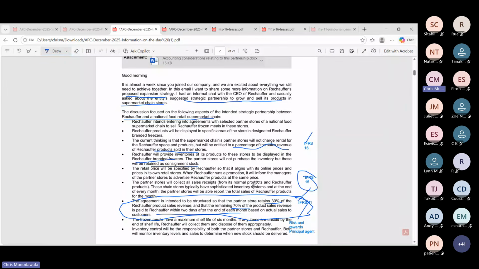But we are told that it takes a percentage of the sales, retaining 30% of Richafa product sales revenue. So here it is saying it's a lease.